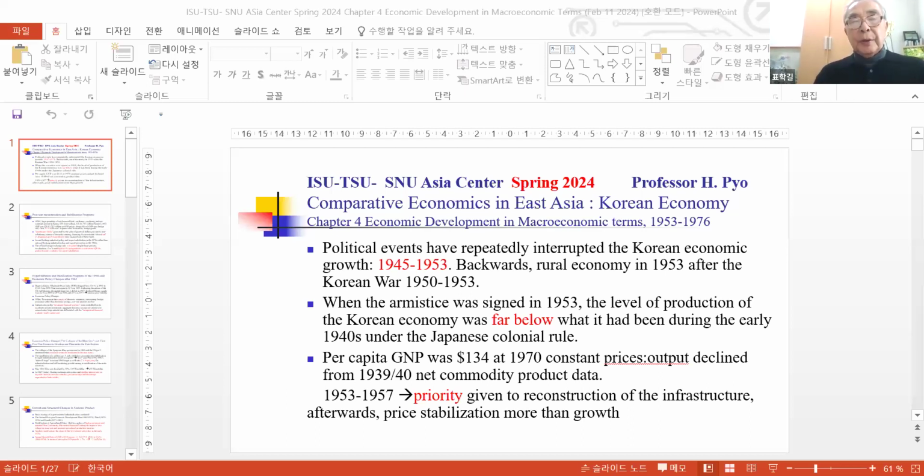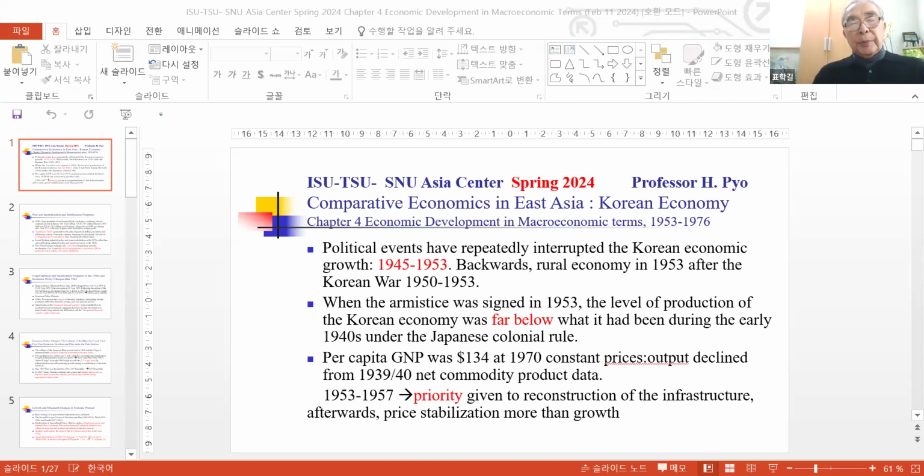Chapter 4 is the main chapter for economic development in macroeconomic terms, covering the earlier period up until President Park's regime, from 1953 to 1976. We can define this period as a very high growth period of the Korean economy.